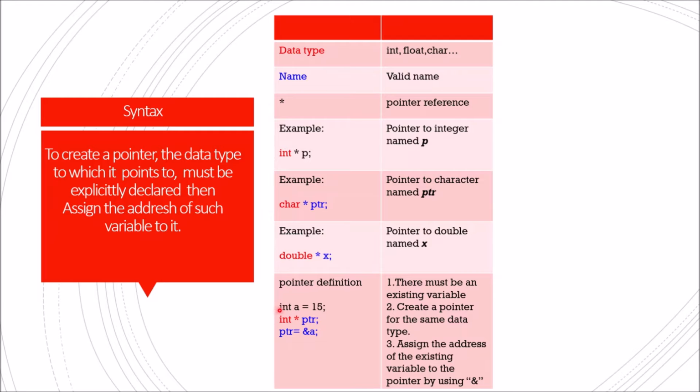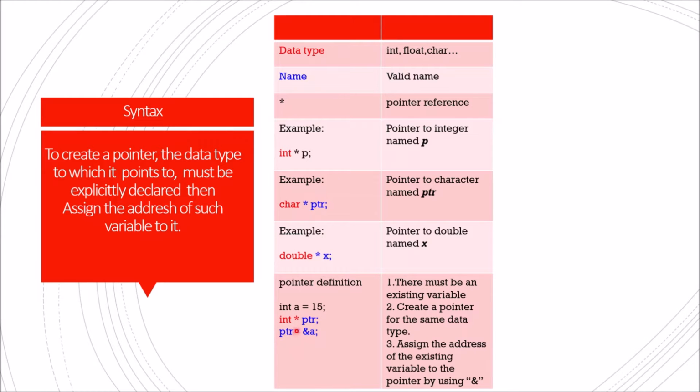So for instance, if we have this integer a, we are going to define a pointer to an integer. Okay, this will allow us to actually point to this integer because it is a pointer to integer. So the type also matters. The type of the variable and the type of the pointer must match.